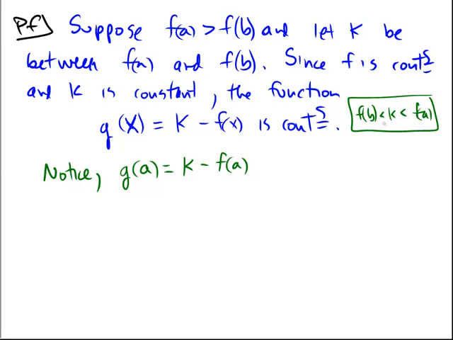So if we take k and subtract from it f of a, we're subtracting a larger number, so this must be less than 0. And what else? Well, g of b would be k minus f of b, and since k is bigger than f of b, if we take k and subtract this smaller number, that will be bigger than 0.